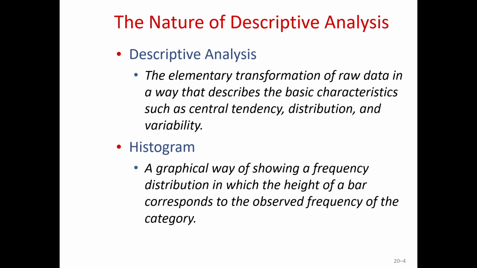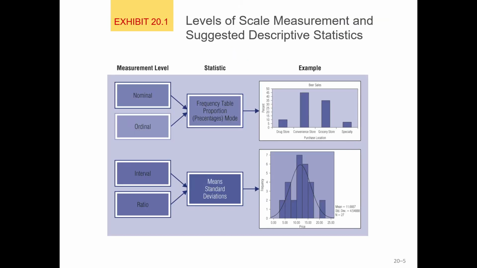In this graph, sample consumers were asked where they most often purchase their beer, and the result is a nominal variable that can be described with the frequency distribution. That is what we can see in the top part of Exhibit 20.1.